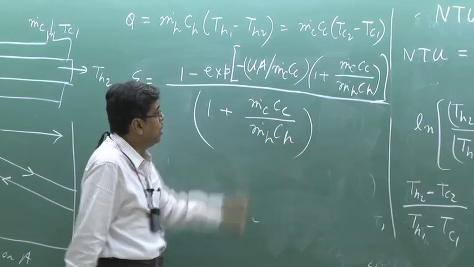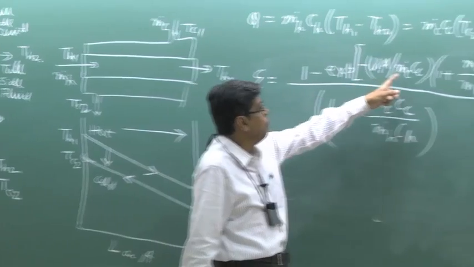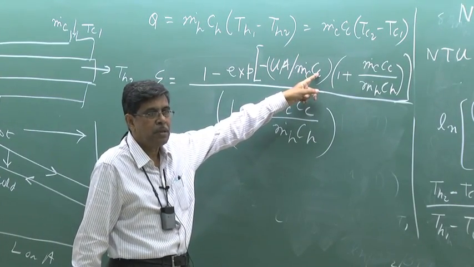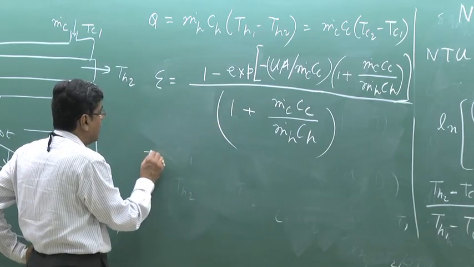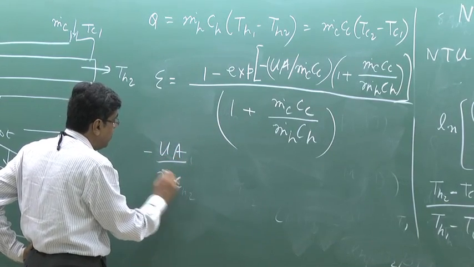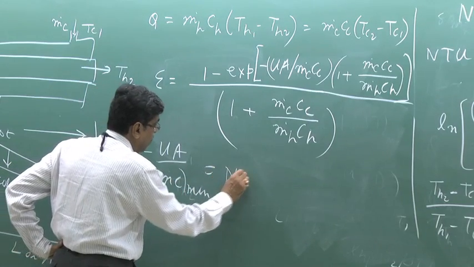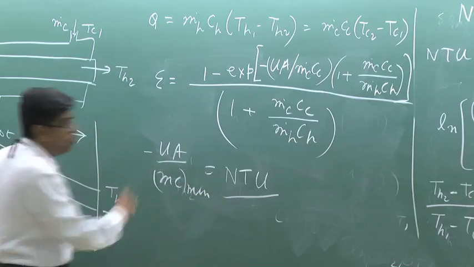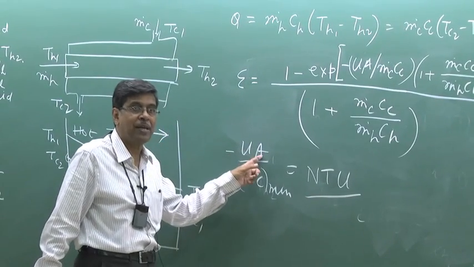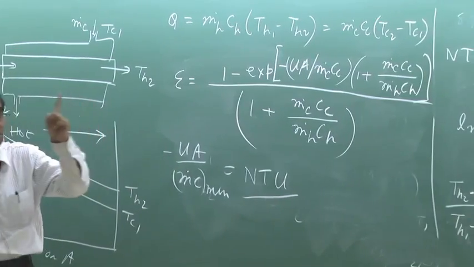Clear? Now here m dot Cc is the minimum heat capacity. This term, UA by m dot C minimum, is known as the number of transfer units, NTU, which is a dimensionless term: overall heat transfer coefficient and surface area of the heat exchanger divided by m dot into C minimum.